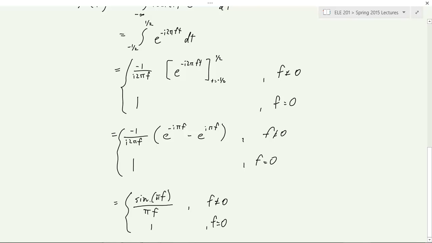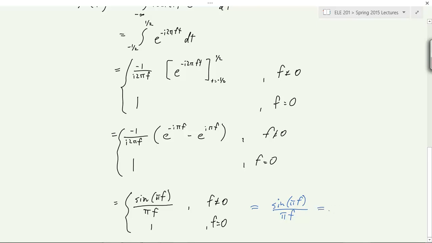So what we get is 1. The limit as f goes to 0 is 1. And yet we know for f equals 0, we should get 1. So in fact, we won't write this anymore as 2 separate cases. We'll just call this sine of pi f over f, where for the value of f equals 0, you're just using the limit. Okay.